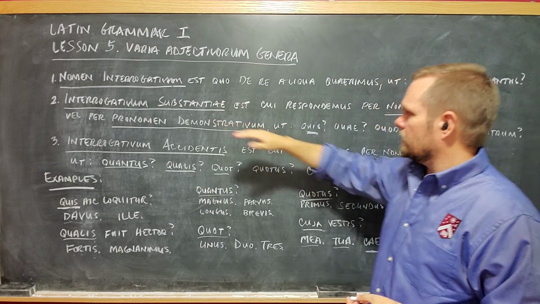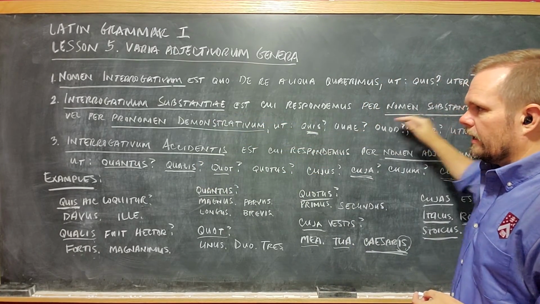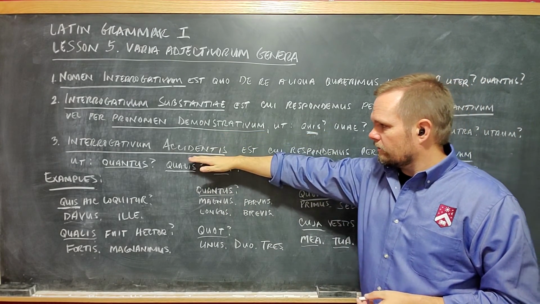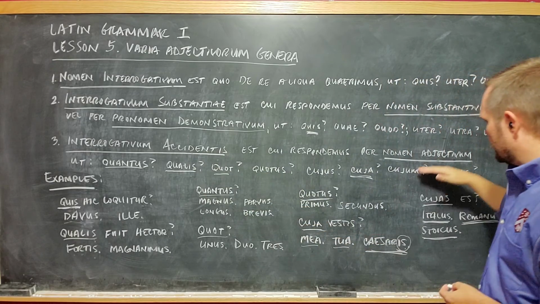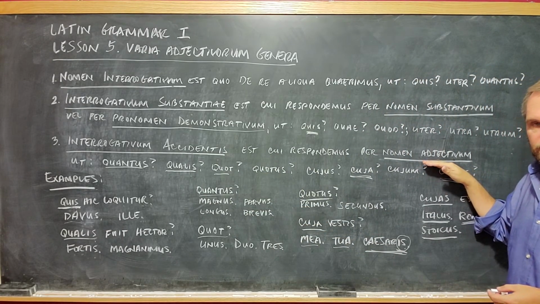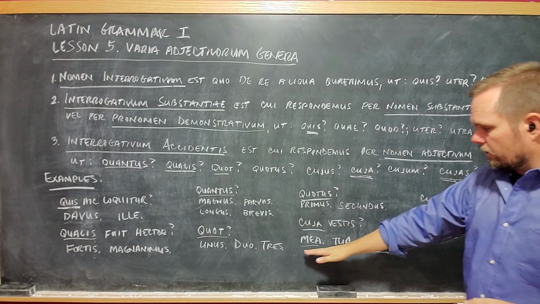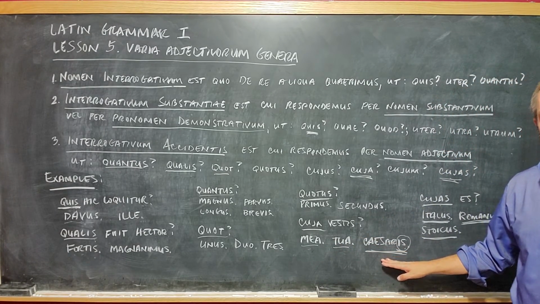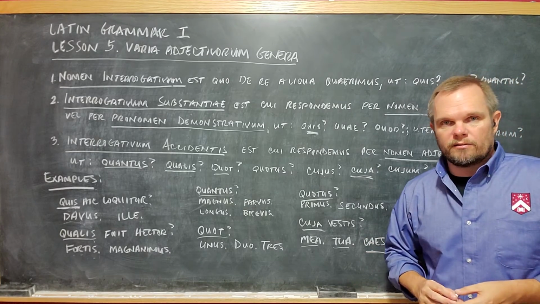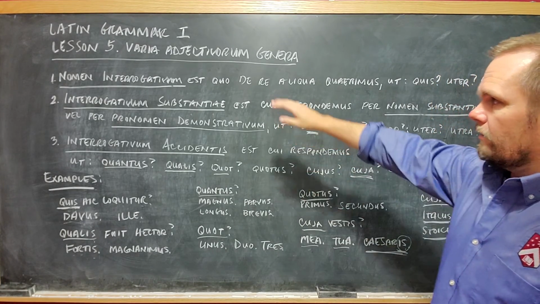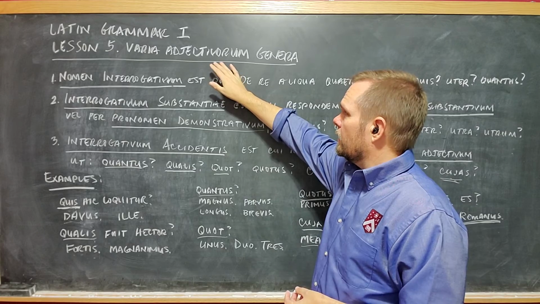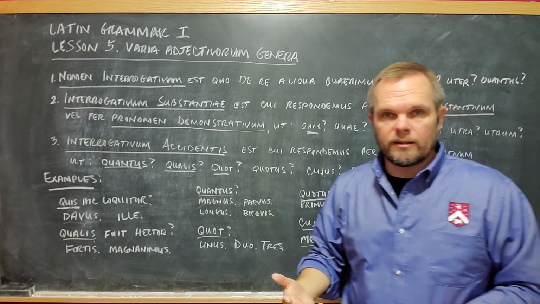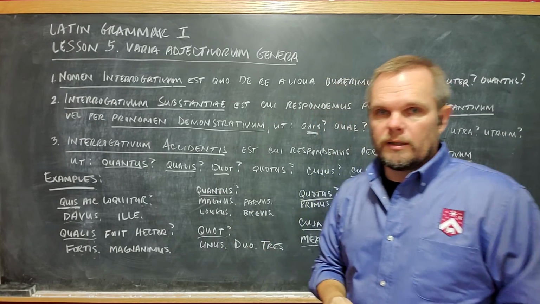Interrogative nouns of substance are answered with substantive nouns or demonstrative pronouns. Interrogative nouns of accident are answered with adjective nouns. Okay? Or, as we saw here, pronouns or even substantive nouns in cases that act like adjective nouns. Okay? So I've mentioned a few times now that the word adjective needs to be used loosely, with an understanding of its different possible meanings.